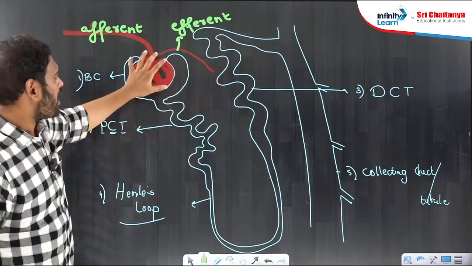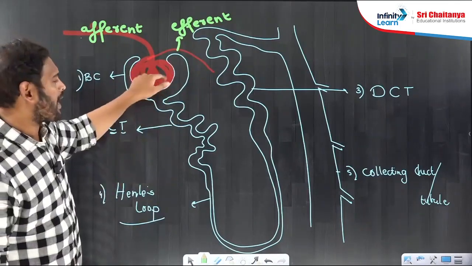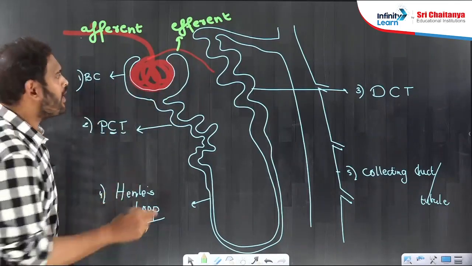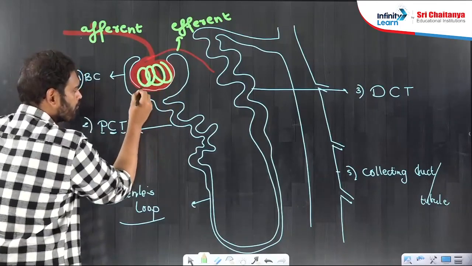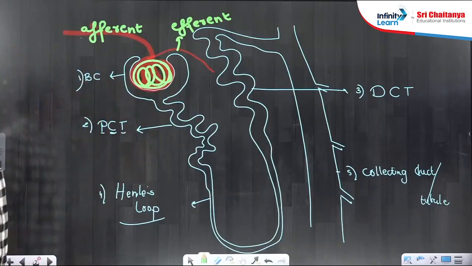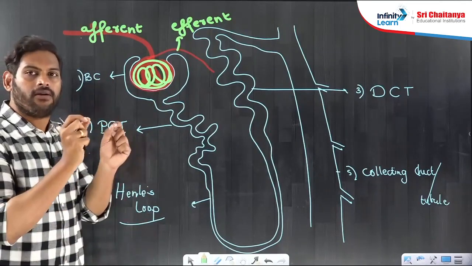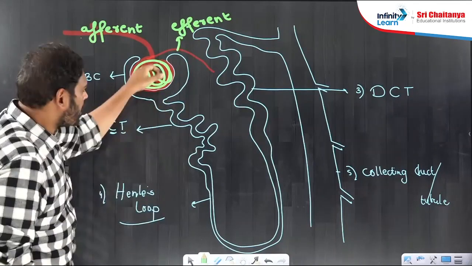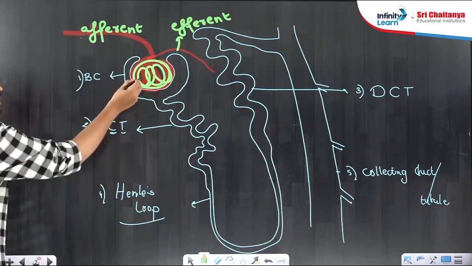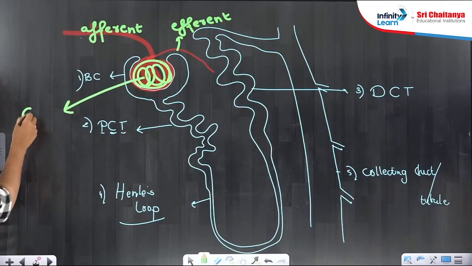And this arteriole becomes capillaries and forms a network-like structure inside Bowman's capsule. A network-like structure made by capillaries inside Bowman's capsule is called the glomerulus.